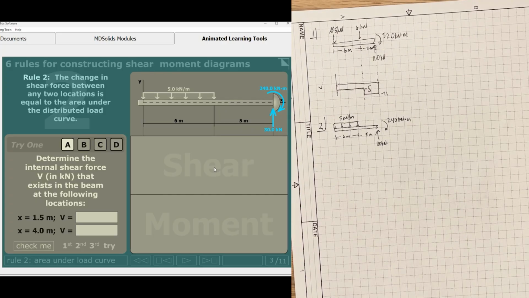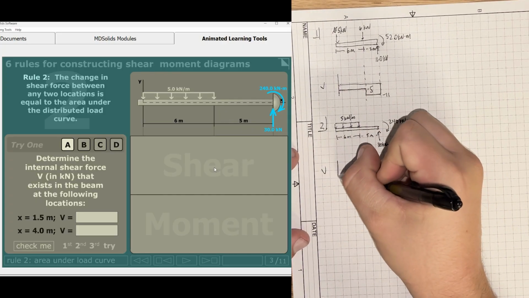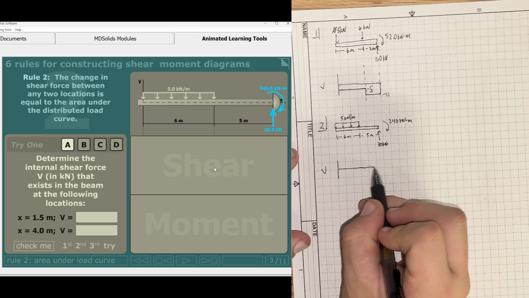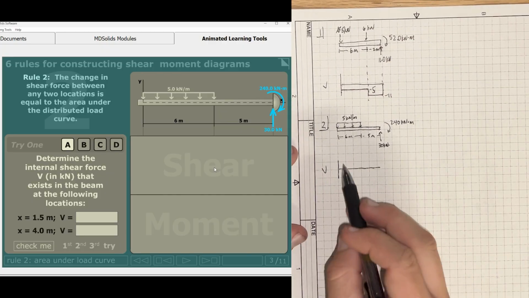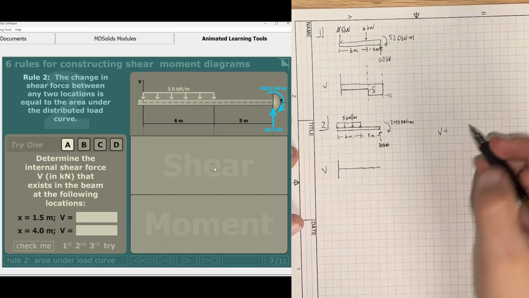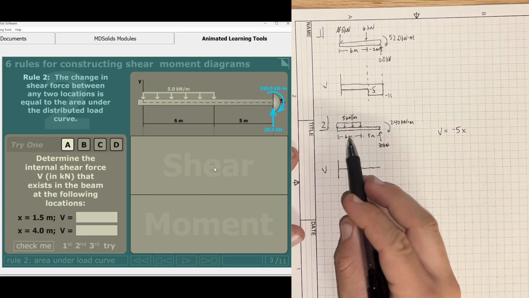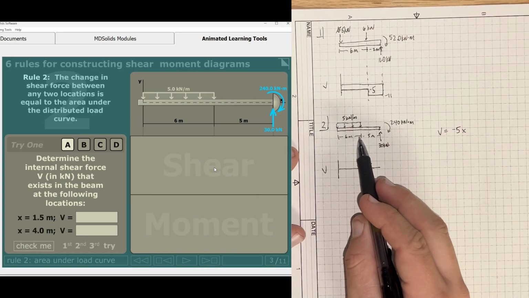Okay, perfect. So they're saying whenever x is equal to 2. What we can actually do is describe our shear force as an equation. Now in this case, there's no reaction force here. So what we're going to end up having is negative 5 times x, and that's going to be up until we get to the 6 meter mark, right?